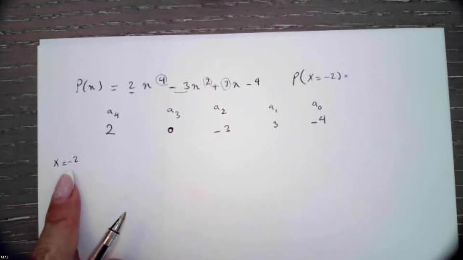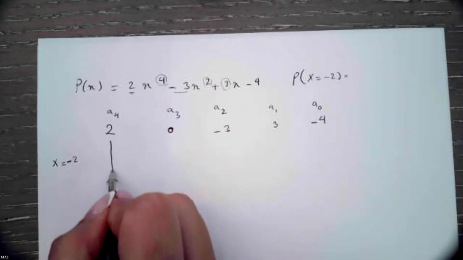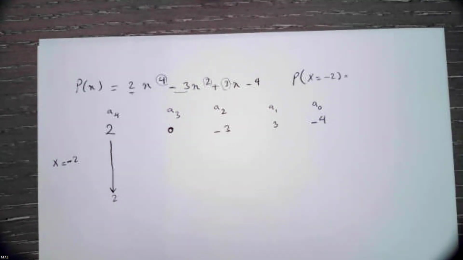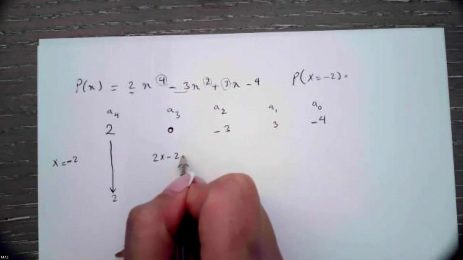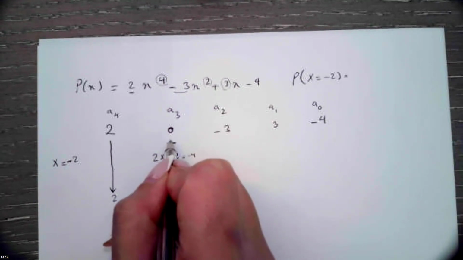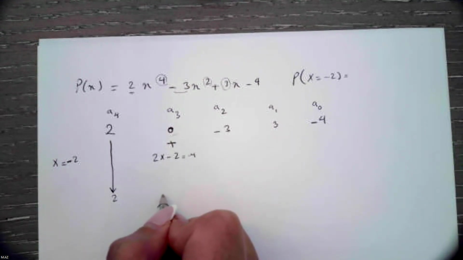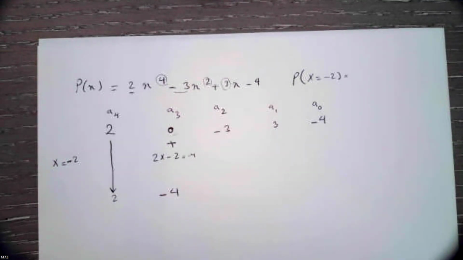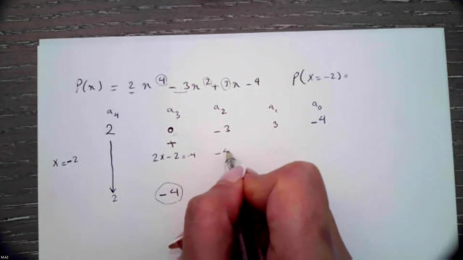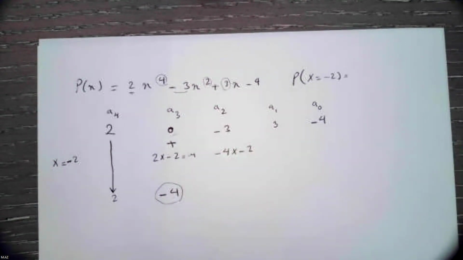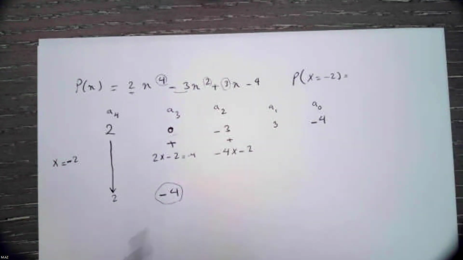And this is the point at which we are trying to evaluate the function. First, we write the 2. 2 times minus 2 becomes minus 4, and we add it to this coefficient. What is the value? Minus 4. Again, minus 4 times minus 2 becomes 8, and we add it to this coefficient.